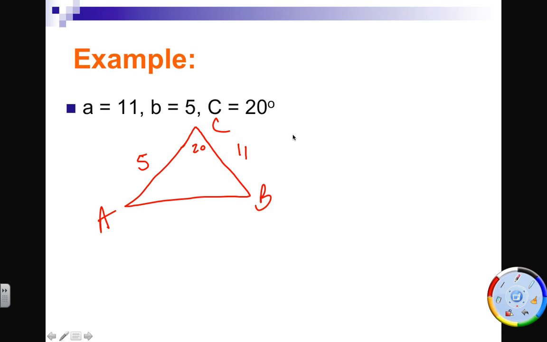So I look at c squared equals 11 squared plus 5 squared minus 2 times 11 times 5 times the cosine of 20.